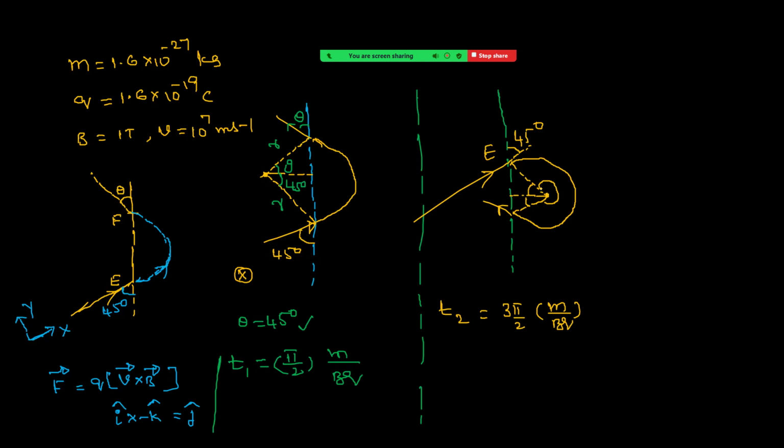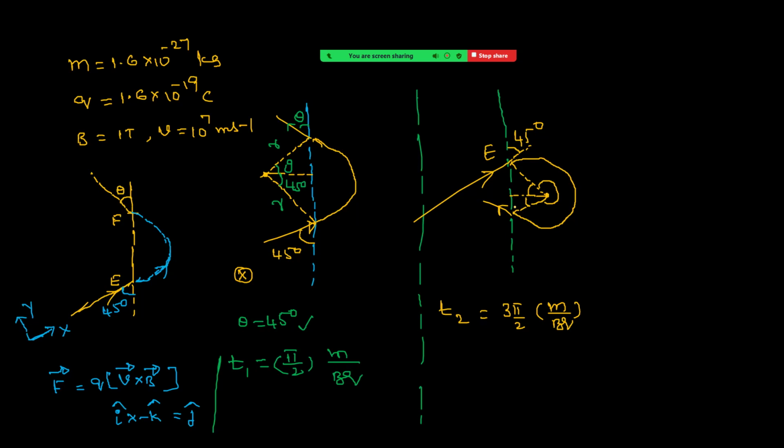Okay. So here, the first thing we have to focus on is this 45. Remember, between velocity vector and field vector, the angle is 90. It is not 45. Next, we are focusing on the direction of force. Depending on that, the path will be like this in the first case. In the second case, the path is like this.